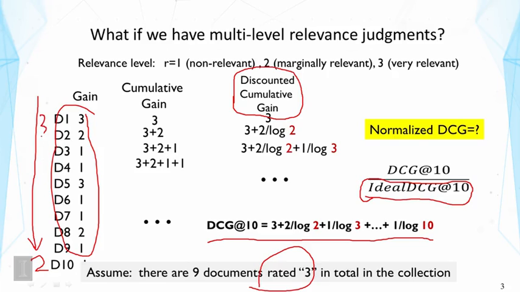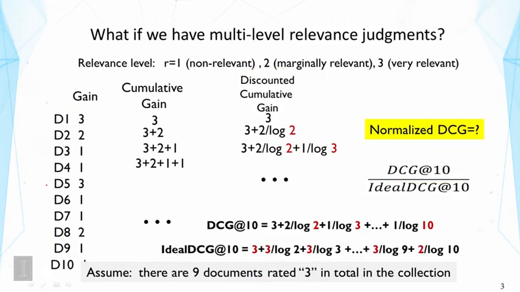So this will be an ideal ranked list. And then we can compute the DCG for this ideal ranked list. So this would be given by this formula that you see here. And so this ideal DCG would then be used as the normalizer.